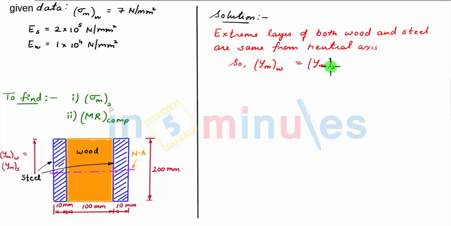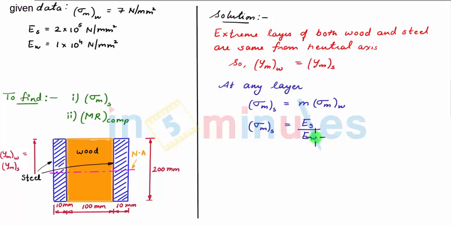So we know for the composite section, at any particular layer, the sigma max of steel is equal to m times the sigma max of wood, where m is a modular ratio, and is given as sigma max of steel is equal to Young's modulus of steel upon Young's modulus of wood into sigma max of wood.